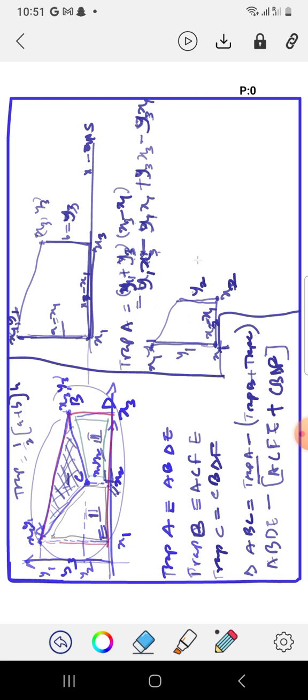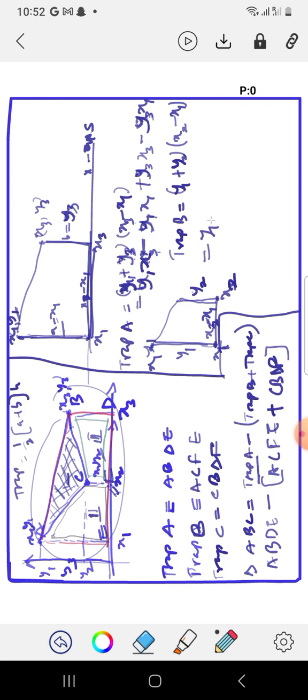So we know that trap 2, trap B, is going to be y1, which is the first length, plus y2, which is the second length, times the height, which is x2 minus x1.